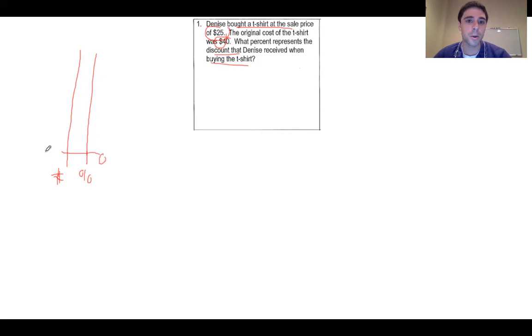At 0%, the corresponding number is 0. The original cost of the t-shirt was $40. So at 100%, what's my corresponding value?